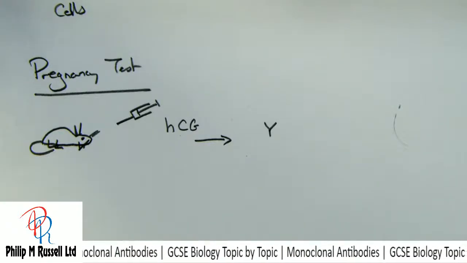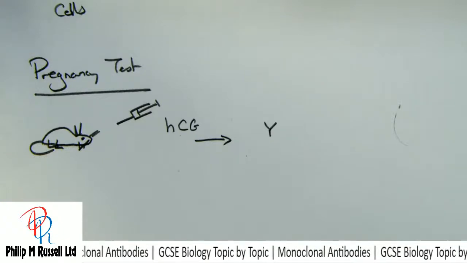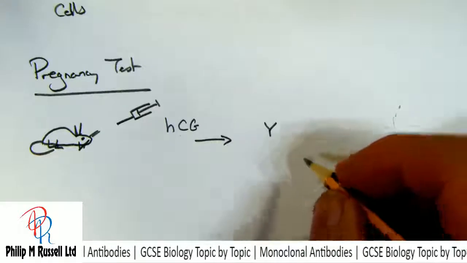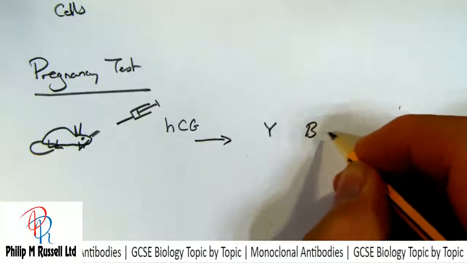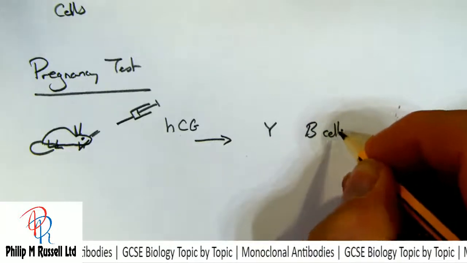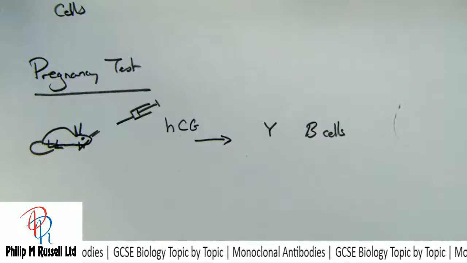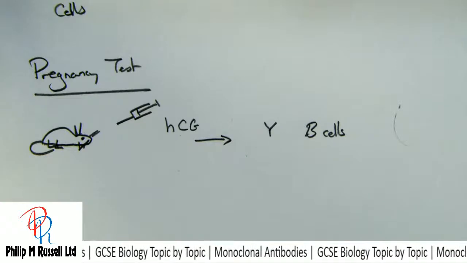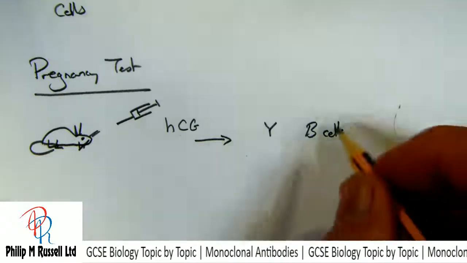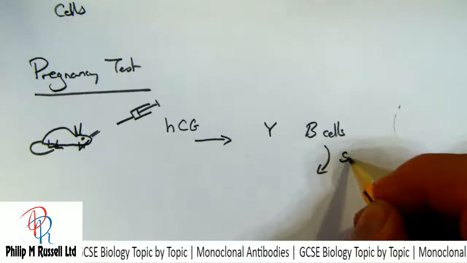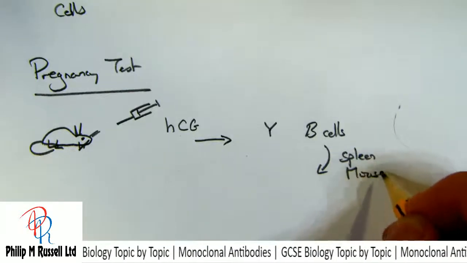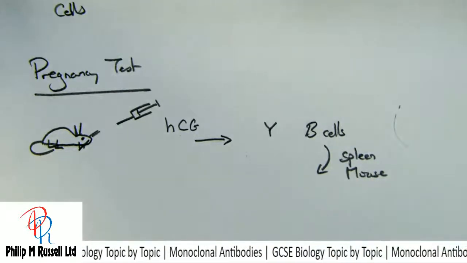Now, these are made in these lymphocytes. We'll call them B cells, which is their proper name. And what we can do then is we can basically extract those from somewhere like the spleen of a mouse. As you can gather, this isn't going to do the mouse an awful lot of good.